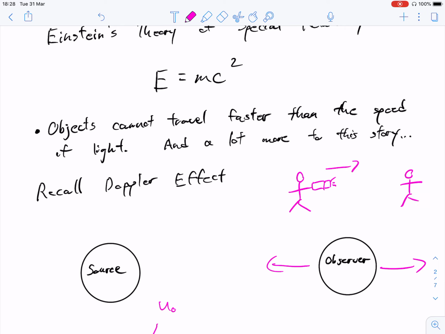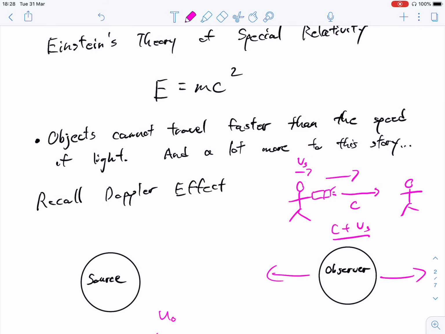Technically, the light is going at the speed of light, c, and with this person's extra movement, the velocity of the source, we should be adding these two speeds together.